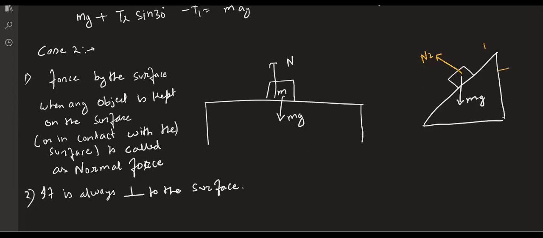There will be a force in the down direction, which is mg, and a force in this direction, which is your normal. Normal is a force perpendicular to the surface. It is not in the upward direction. It may be in any direction depending on the surface. In this case, the surface is slanted, so normal is perpendicular to it. In this case, the surface is vertical, so normal is in the horizontal direction.